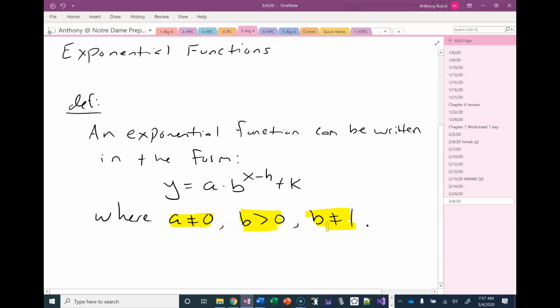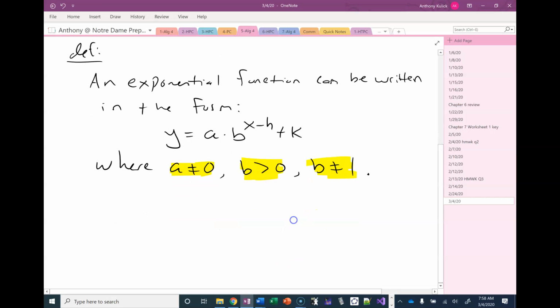So really what that would turn into then is just a plus k, right? Which is a constant function again, and not what we want to be dealing with. It just would be a straight line, which is not what we're interested in. Does everybody feel okay as to why we have those 3 requirements there? Okay, good.